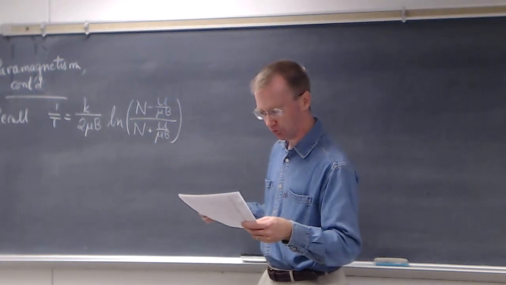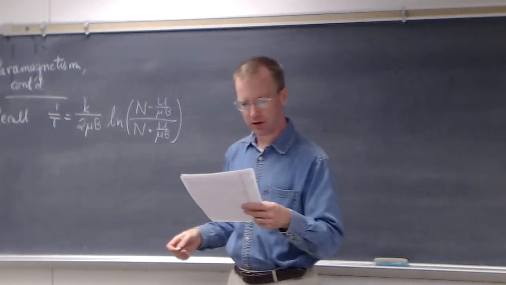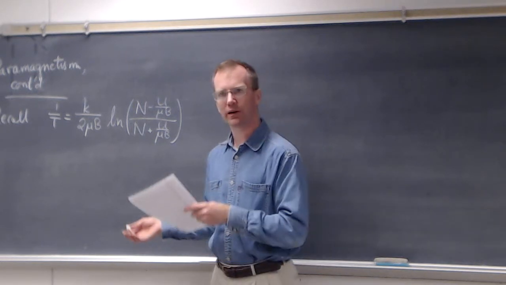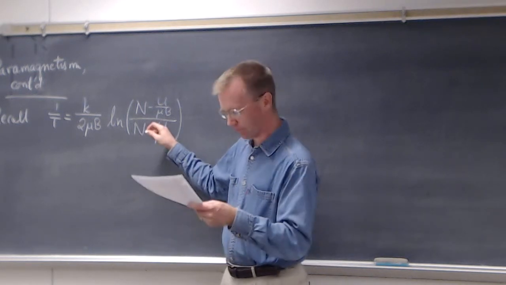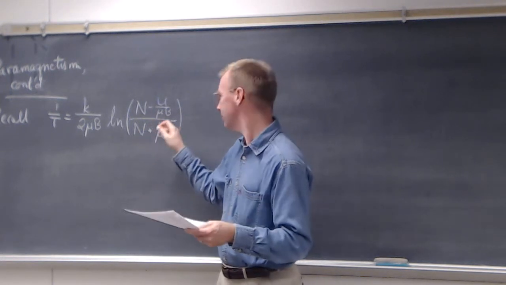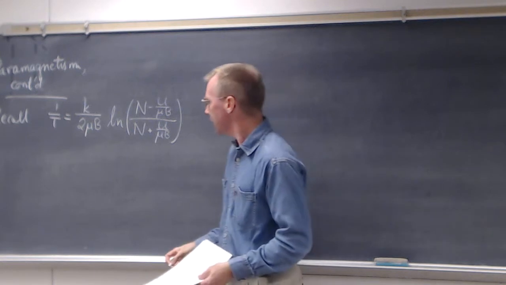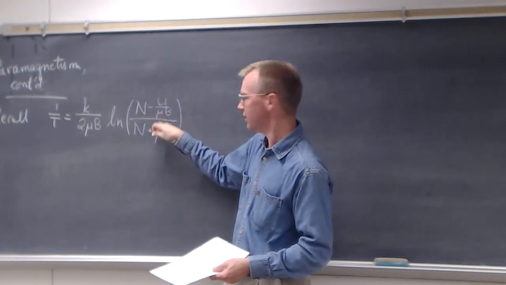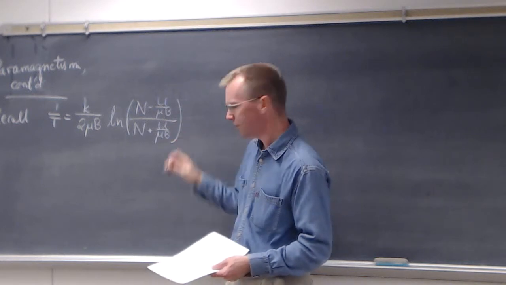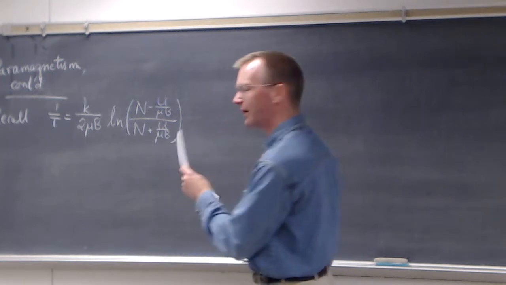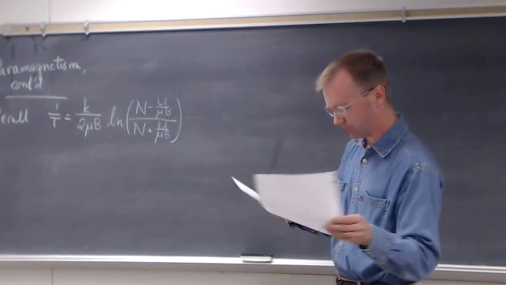And we were able to use the equation for the total energy and total magnetization of the system to rewrite n up and n down in terms of these here. So n minus n up all over n up. Substituting in the things that we actually measure, u and then u and v, we found this and made it this nice anti-symmetrical form. Okay, that's going to become important in just a little bit.